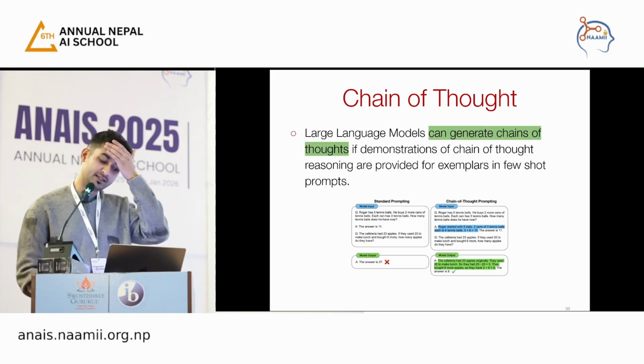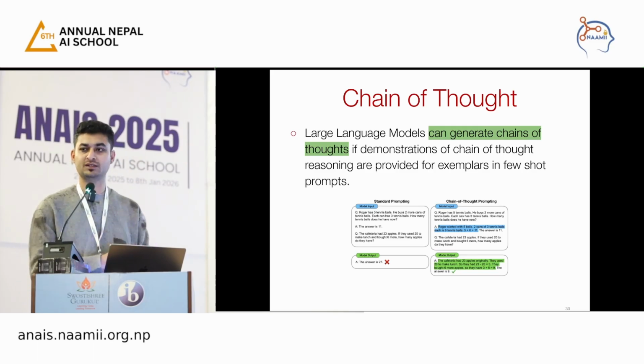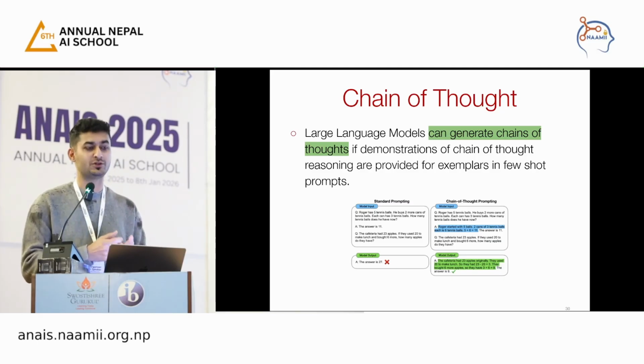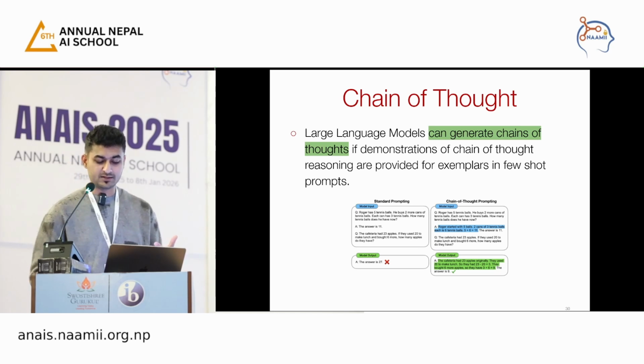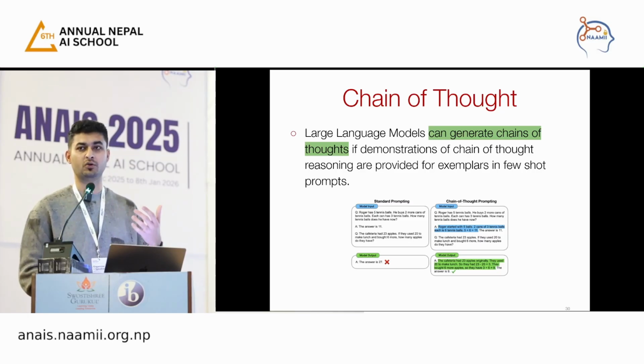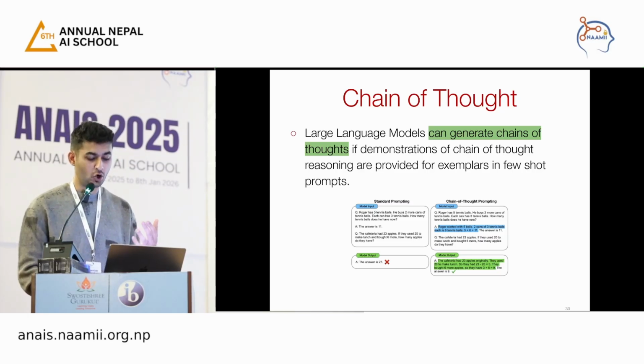When we give these examples, the large language model's inference process, or the decoding process, also ends up generating chains of thought to give the answer. So in the prompt, we had examples of the chain of thought for doing this, and you can notice that the model is also giving output in the decoding, not just the final answer, but its thinking process as well.